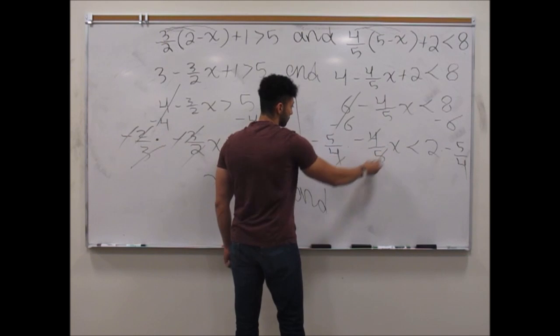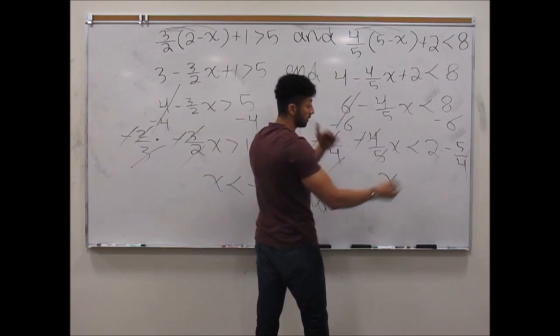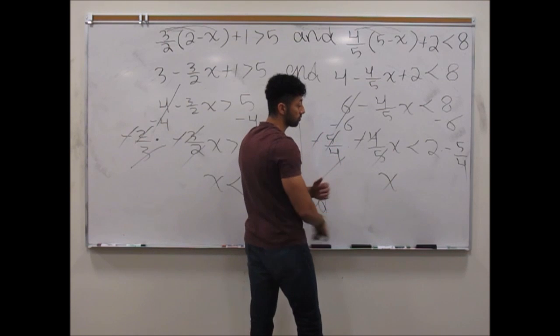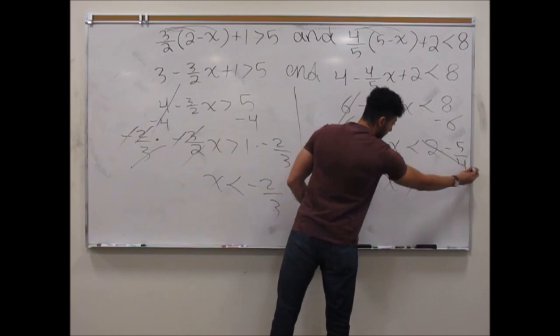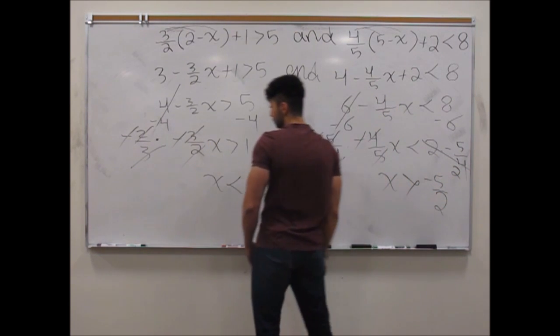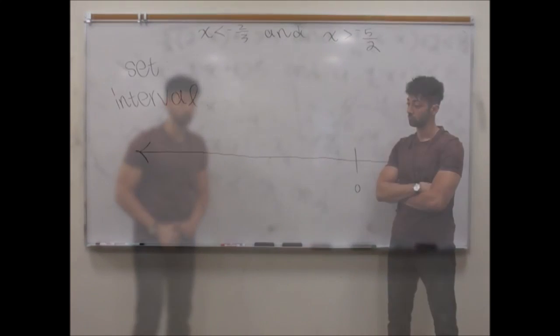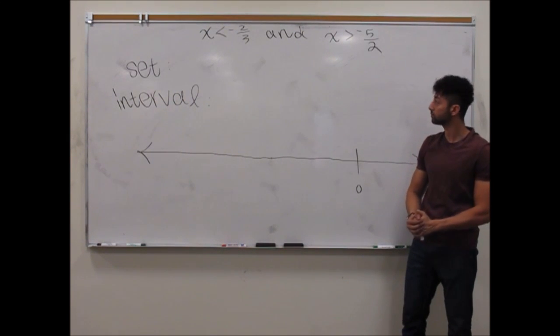The 4's cancel, the 5's cancel, and the negatives cancel, so you get x. I did something with a negative that had to do with multiplication and division, so I'm going to flip the sign. I get a 2 on the bottom, so negative 5/2. So that took a bit of time. Alright, so this is what I got when I isolated it.